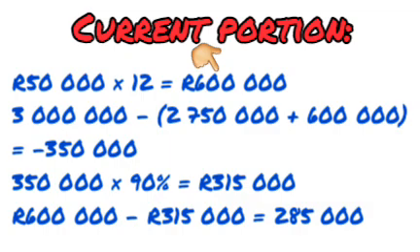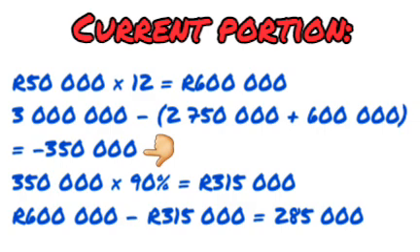We calculate the interest. How do we calculate the interest? That's the calculation of last year's amount of 3 million minus open bracket this year's amount of 2,750,000 plus the repayment that has the interest and the repayment added together in bracket, and what you are going to be left with is the interest by itself.